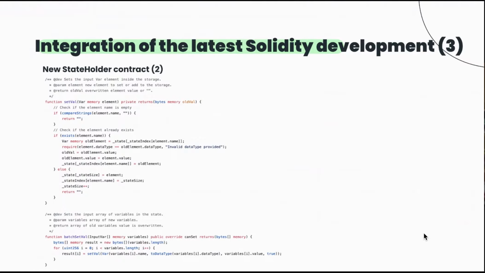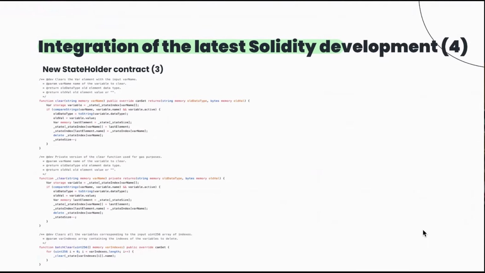Also, we brought inside the StateHolder contract some batch methods. This allows us to set an input array of variables inside the state instead of setting them one by one. This means that if we have more variables to set inside the StateHolder, we will pay less fees.